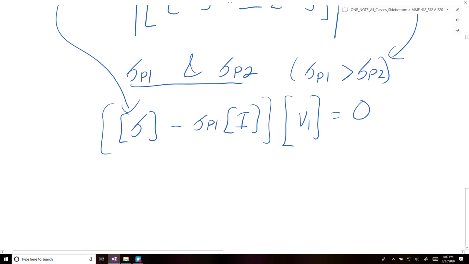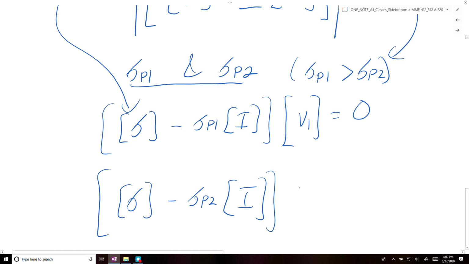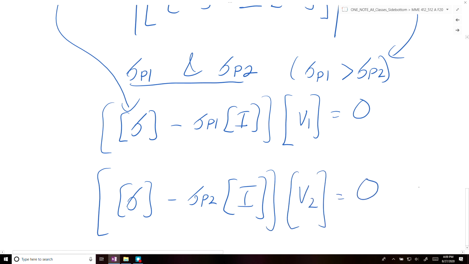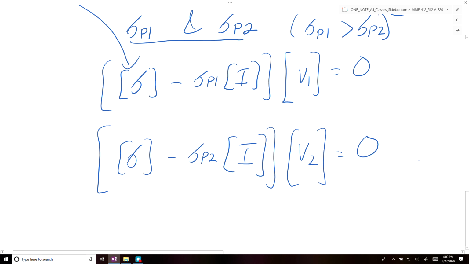Then we can do the same process and solve for our second eigenvector v2. In the next example problem we're going to show how you can solve for sigma p1 and sigma p2, and then in the following video, we'll show how you can solve for the eigenvectors v1 and v2.